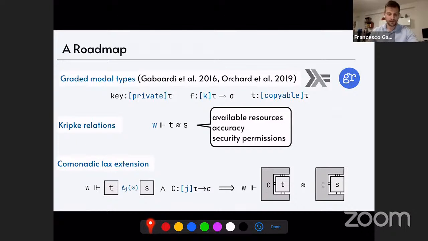But in this talk, I will use graded modal types. I like the formalism, and also, to the best of my knowledge, they are also used in concrete programming languages, in Granule, for instance, which has graded modal types natively, and they're also used in Linear Haskell, where people are still doing quite a lot of research.